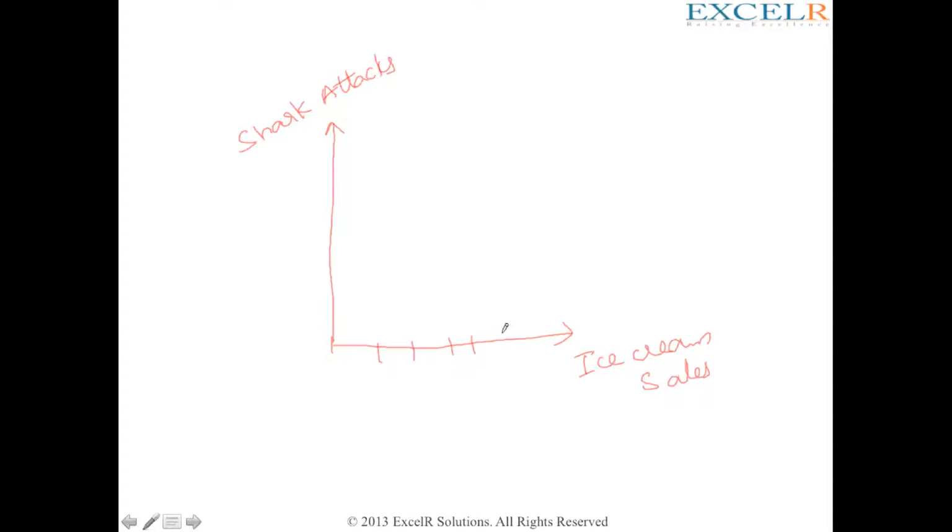When they did this analysis, they felt that as the ice cream sales increased, the number of shark attacks were also increasing.